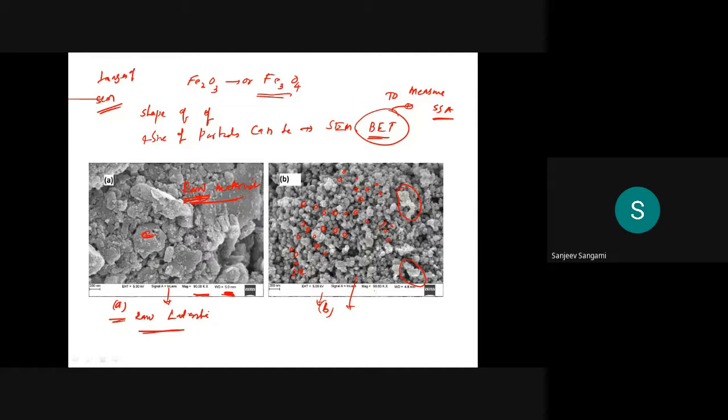This is the typical image of your SEM. Through this you can see even smaller particles. Whatever distance he has given here, this much distance is 200 nanometers.